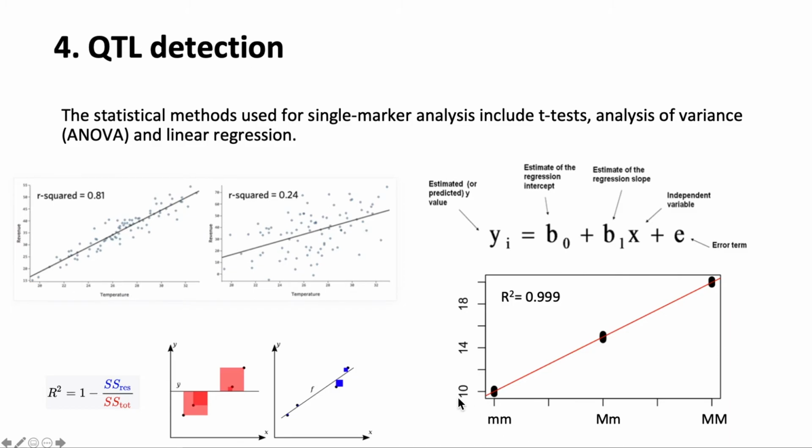Just to give you an idea about the R square, if you are not familiar with this term: if we have a high R square, that means the independent variable can explain most of the variability in the dependent variable.